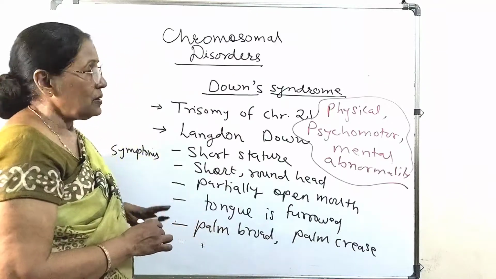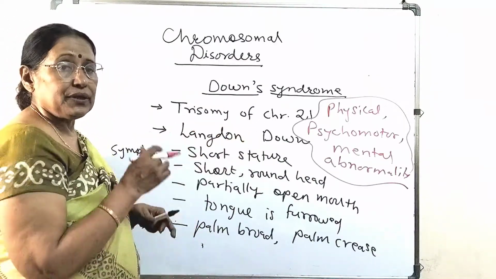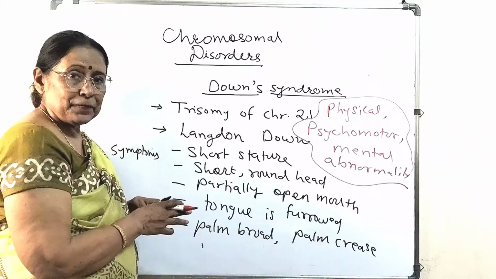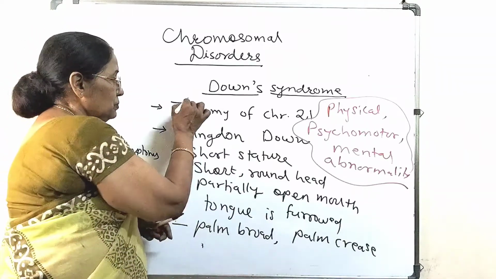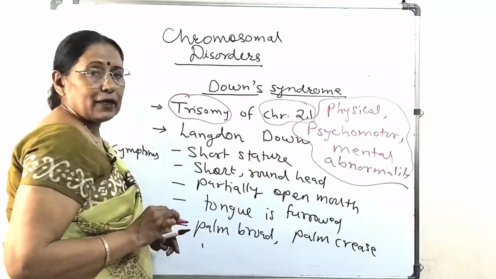Fine. This was Down syndrome. Chromosome number 21 है मतलब autosomal है ना. And this is trisomy. एक trisomy याद रखना है. Chromosome number 21 याद रखना है.